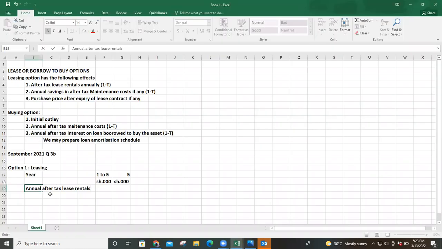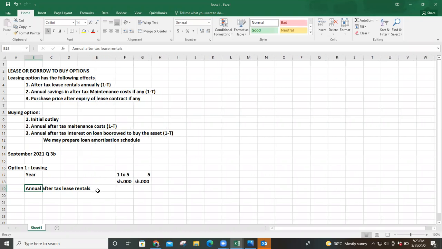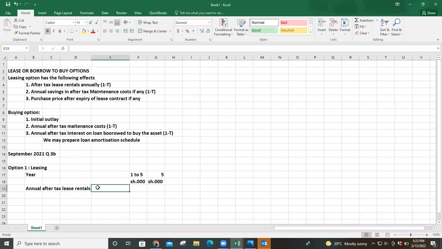So we have 150 times 1 minus 0.3, the after tax. 150 times 0.7 is 105.